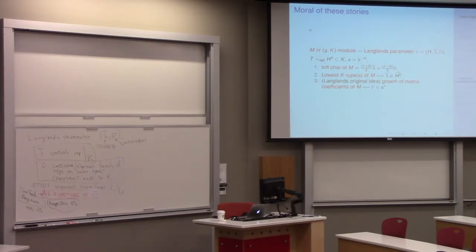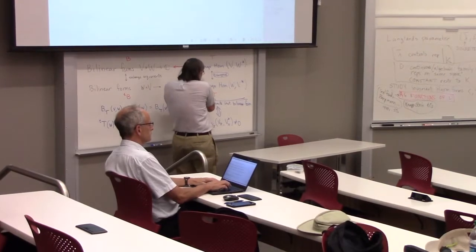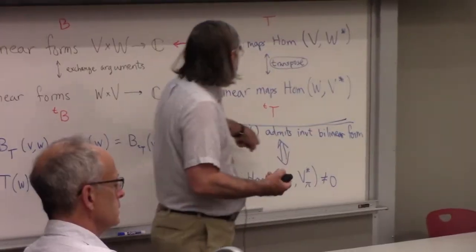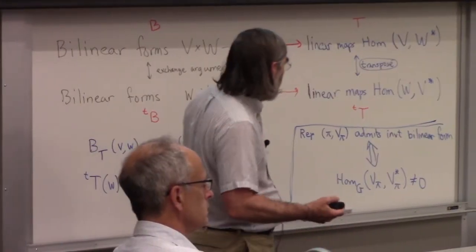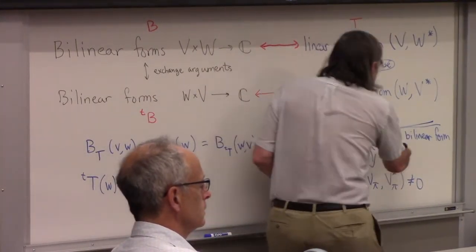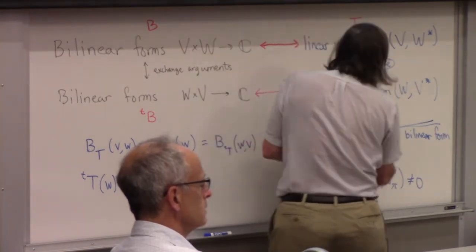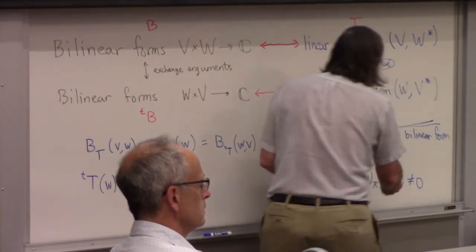Well, there are these four notions, these two things that come up when you're interested in bilinear forms, these familiar things from linear algebra, and they're all identified. The conclusion is if you have a representation of a group and you want to know whether there's an invariant bilinear form, that's the same, well, putting in the word invariant just means making these maps into G maps.